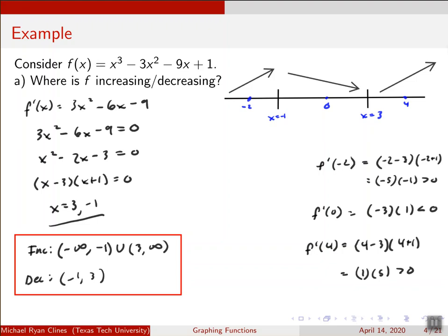How do we do this? We calculate the derivative. We set it equal to 0. We found the roots of the derivative. We built our number line over here, plotted our zeros or our roots, and then from there we pulled out representatives from all of the intervals, calculated the derivative at those points, and remember, calculated the derivative, not the function, the derivative at those points.